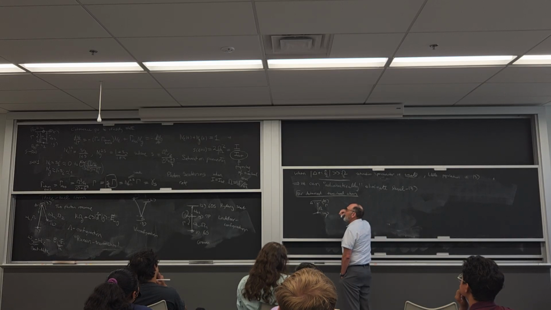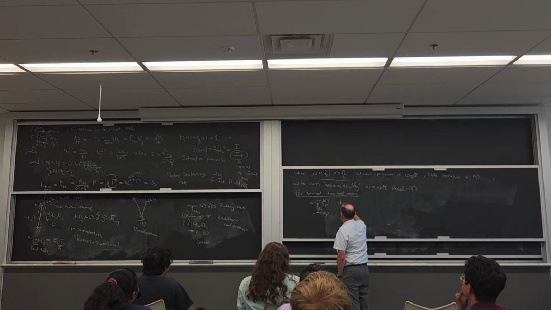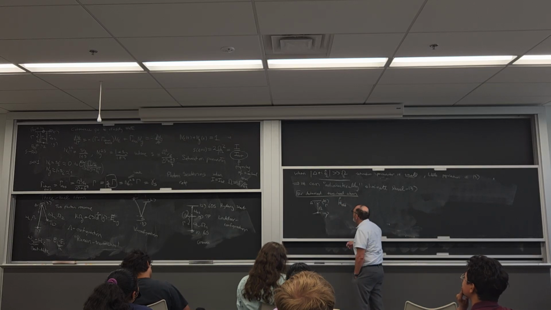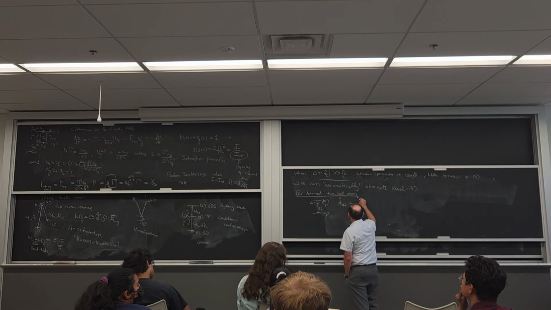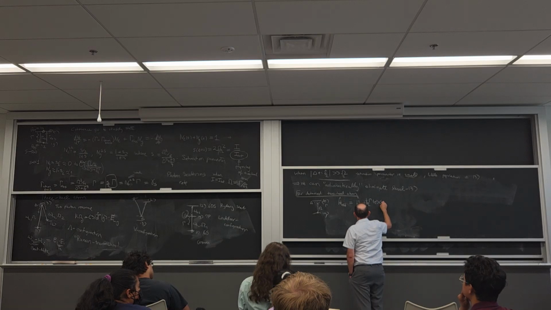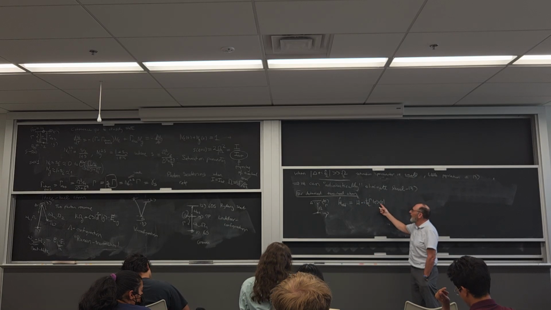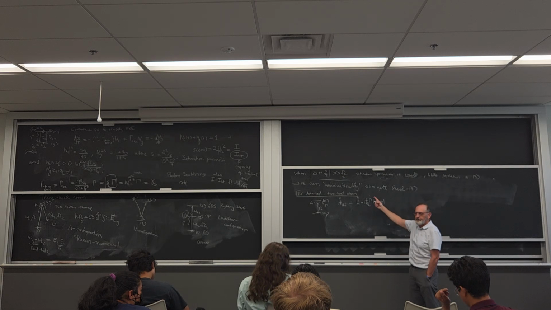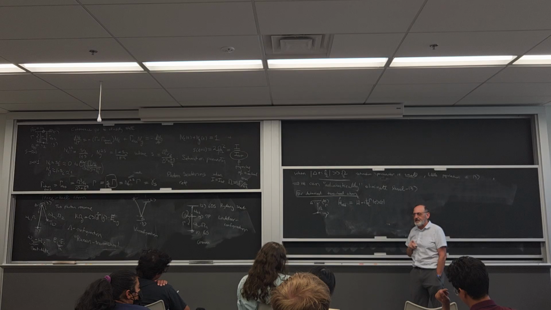We can describe that then by the effective Hamiltonian. The effective Hamiltonian is equal to the Hamiltonian minus i h bar gamma over 2. This is the imaginary part because the excited state has a finite lifetime, and so we add this non-Hermitian term.